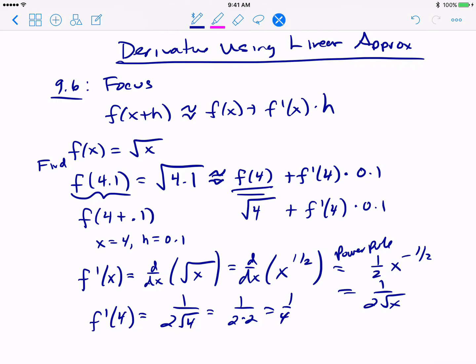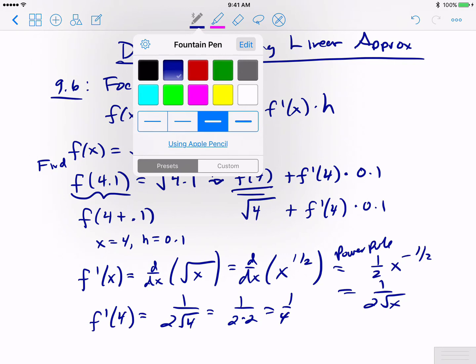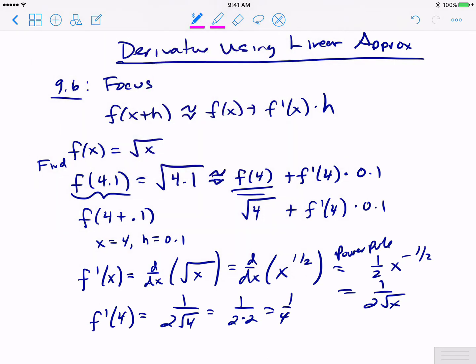So what we know here is that the function evaluated at 4 is the square root of 4, which is 2. We know that f prime of 4 is 1/4 multiplied by 0.1. 0.1 is the same thing as a tenth. So that would be 2 plus 1 over 40.